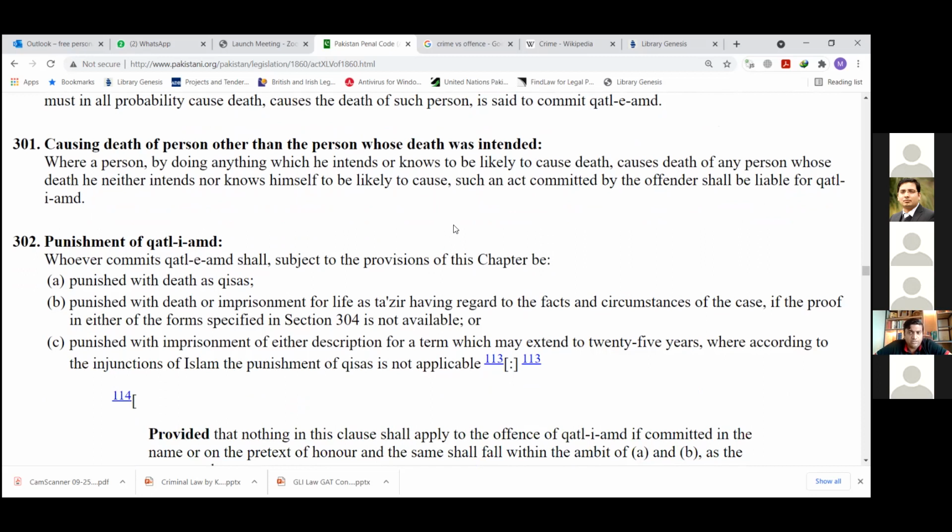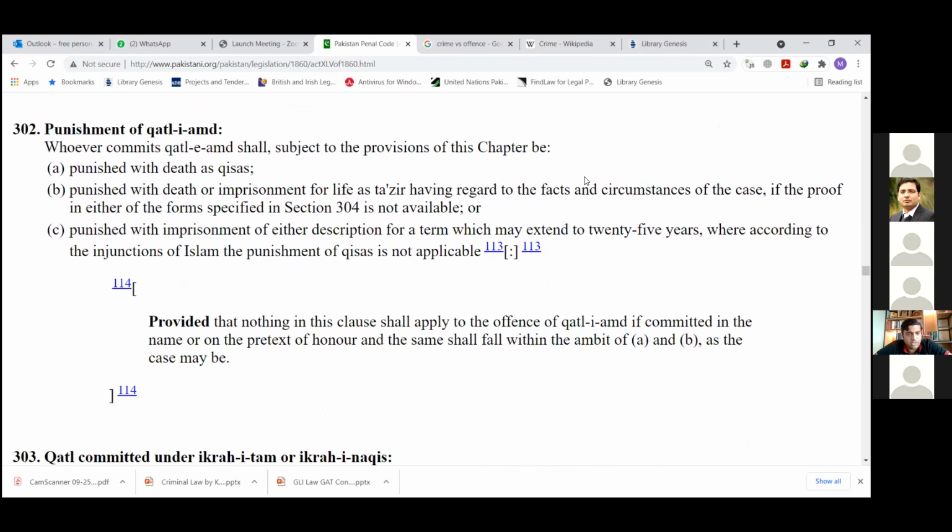Causing death of a person other than whose death was intended. Section 301: if a person commits Qatl-e-Amd of another person in the course of trying to commit Qatl-e-Amd of some other person, he shall be liable for Qatl-e-Amd. Punishment: 302A is Qisas, 302B is Tazir, 302C is imprisonment for life.